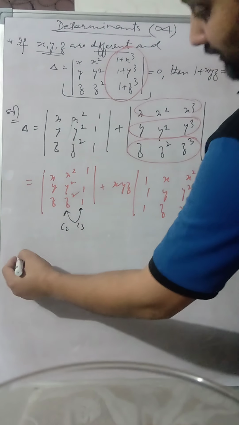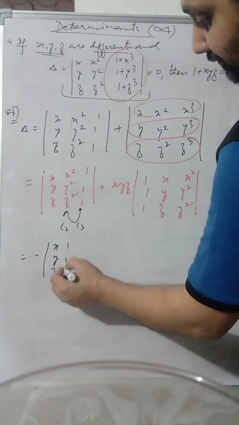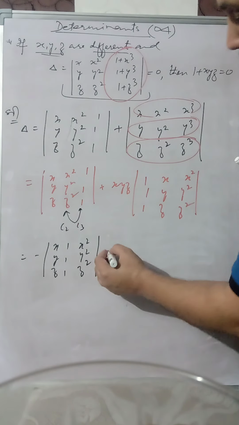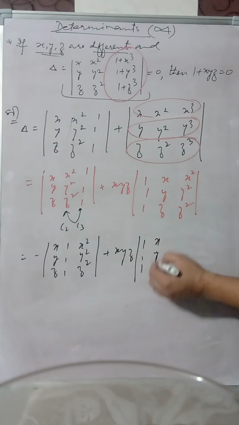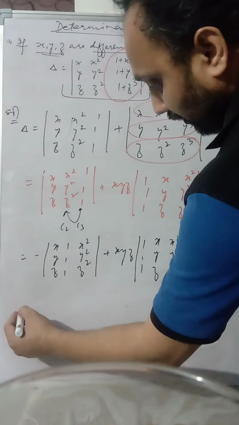What will happen here is, it will be minus times xyz, with columns 1, x square, y square and z square, because when we interchange any two rows or columns of a determinant, the value of the determinant gets multiplied by minus 1.